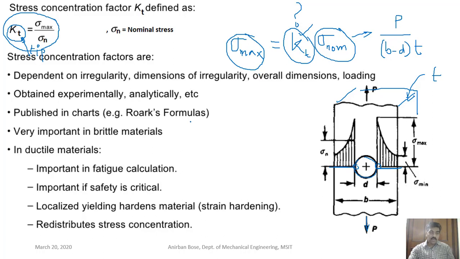So the only thing you have to remember is this formula for the maximum stress. The most important thing is how to calculate the nominal stress: at which section you are taking, what is that area. You have to be very careful in calculating the nominal stress.